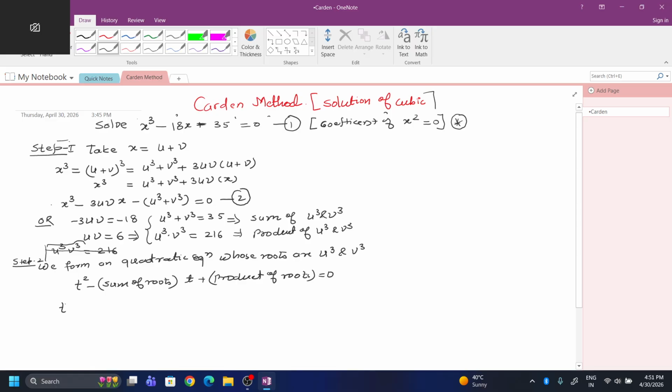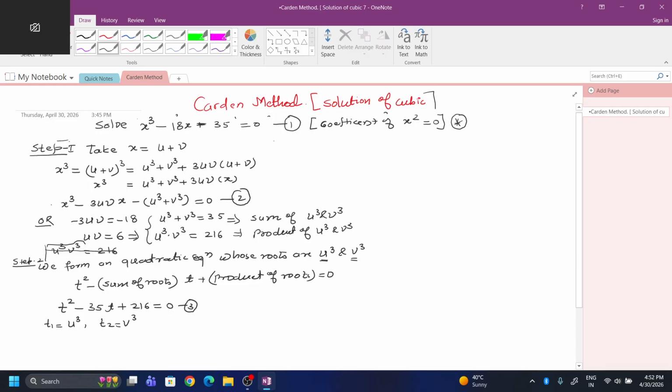So we get here t square minus the sum of roots, 35, into t plus the product of roots, 216, is equal to 0. Say it is your equation number 3. So definitely we get two roots, t1 and t2, where t1 represents u cube and t2 represents v cube, because it is already mentioned that the roots are u cube and v cube.